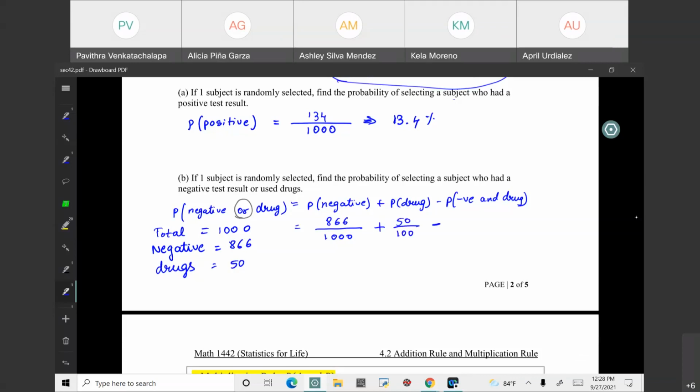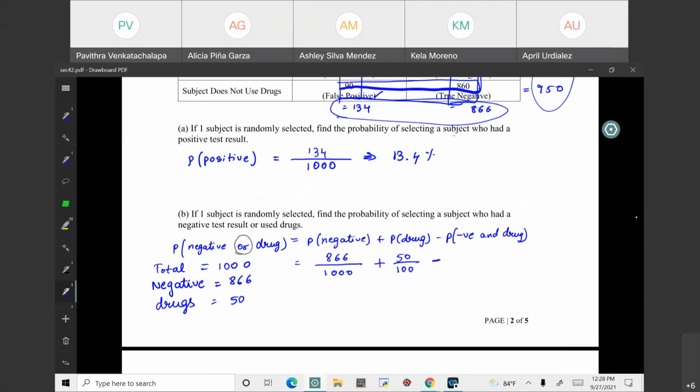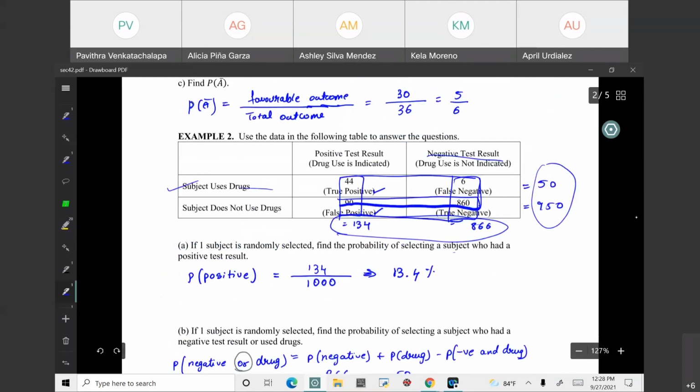What could be the answer now? We are saying the number of people who tested negative but consumed drugs. It has to be both, two events: drugs and tested negative.